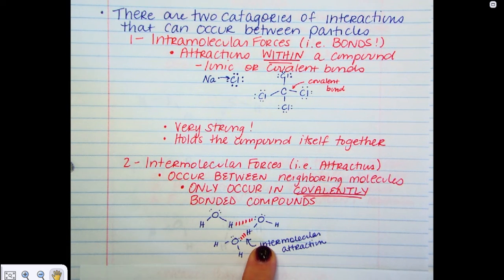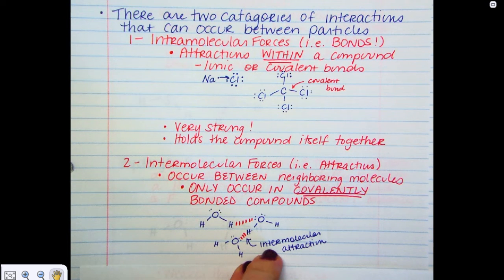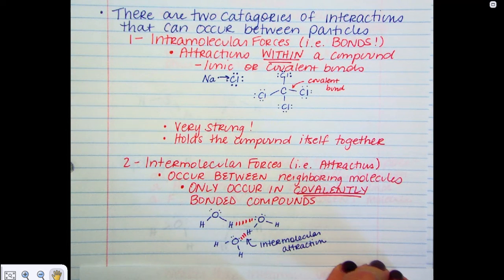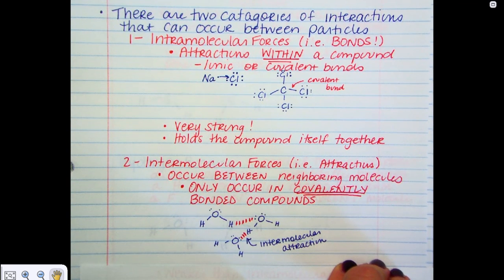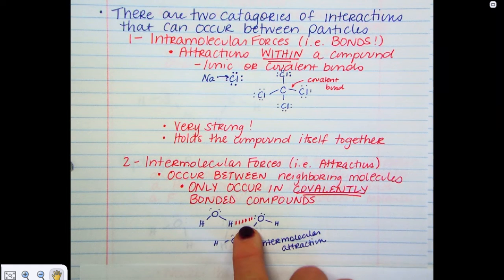I gave this example the other day when we previewed this in class: if you think about water in all its forms, solid as ice, liquid as water, gaseous as steam, we're going to see three distinct phase changes, but at no point does it stop being water. The thing that allows us to undergo those phase changes are these intermolecular attractions.